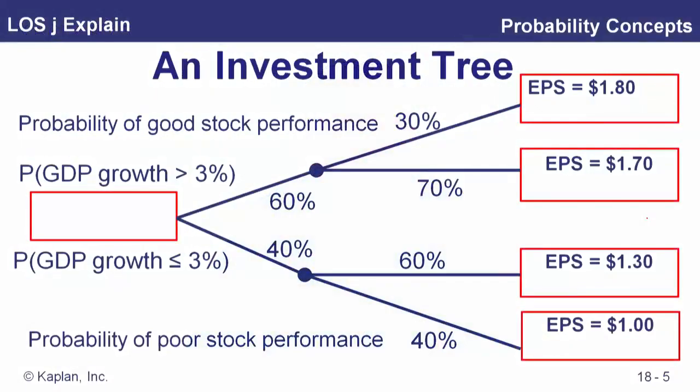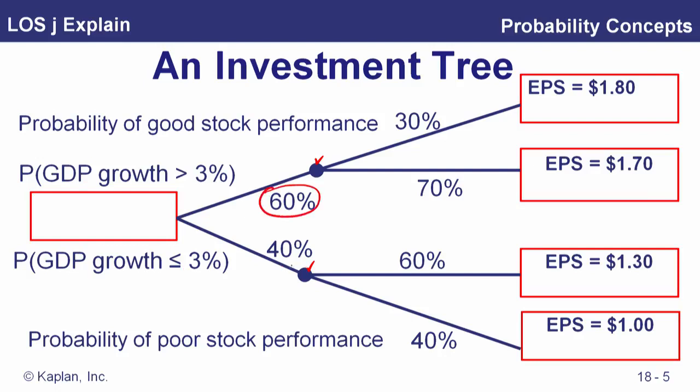Now let's take a look at an investment tree and talk about conditional, unconditional expectations and how we can get the expected outcome. So when we draw an investment tree, we start off, we call these nodes. And so the first part is probability that GDP growth will be greater than 3%, and that's 60% probability.